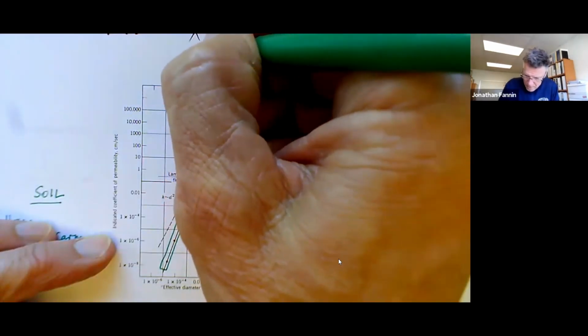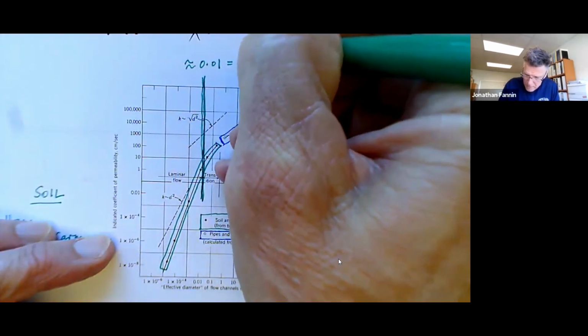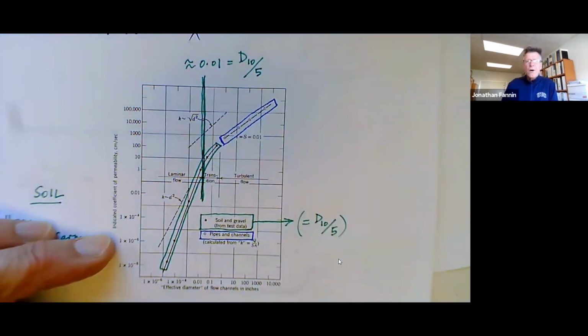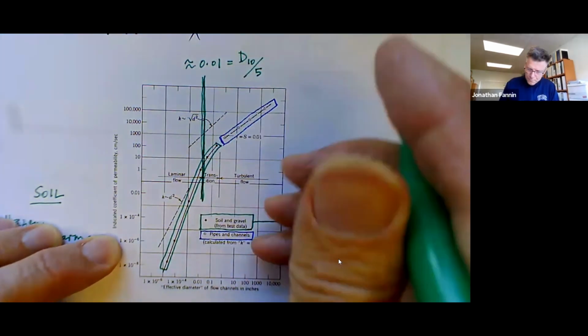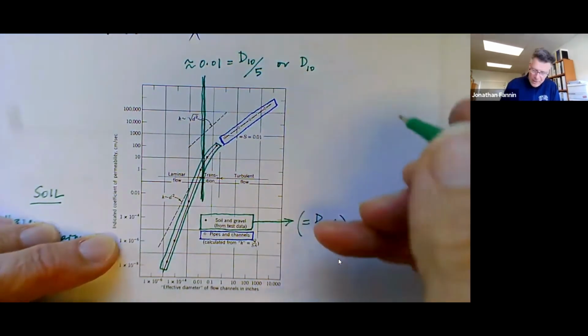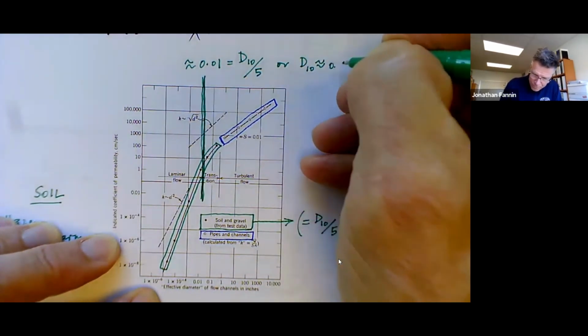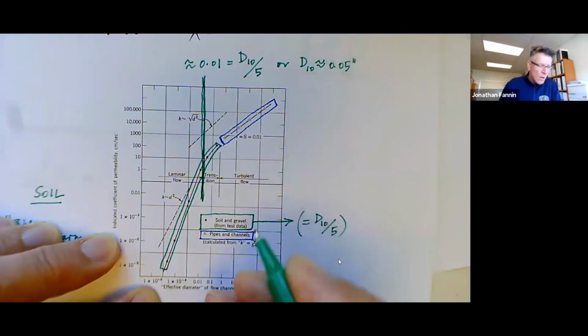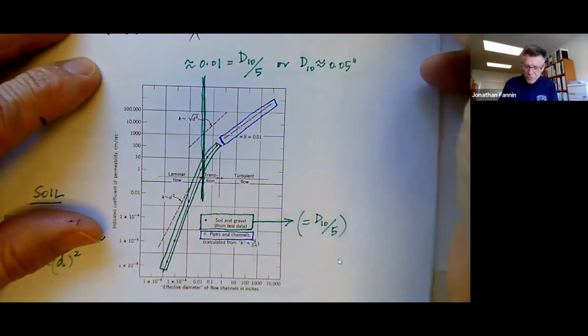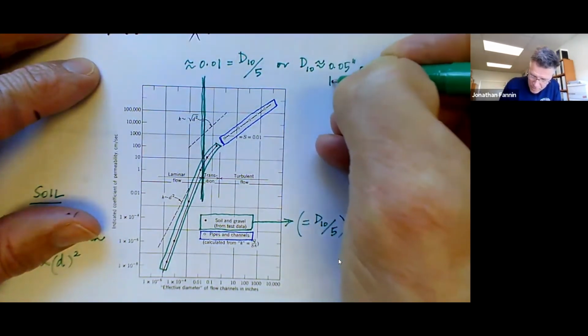So at approximately D10 over 5 of 0.01, or D10, and let's keep the approximately equal to 0.05 of an inch, or let's turn that into post-Renaissance units, or 1.25 millimeters.